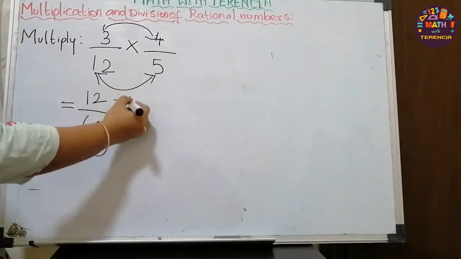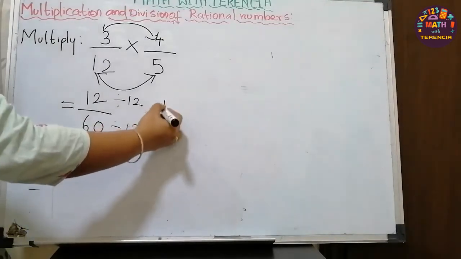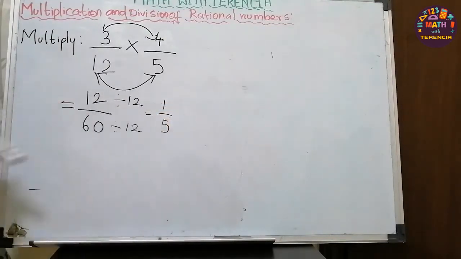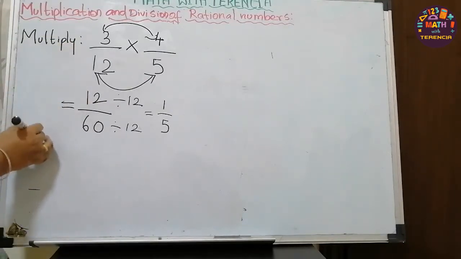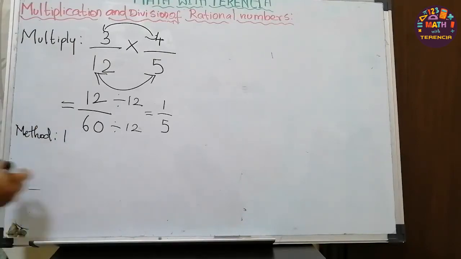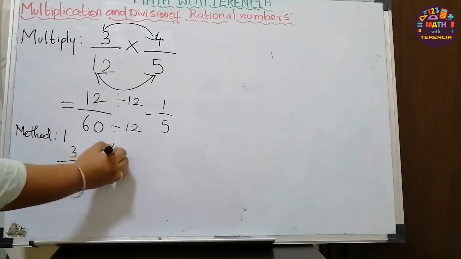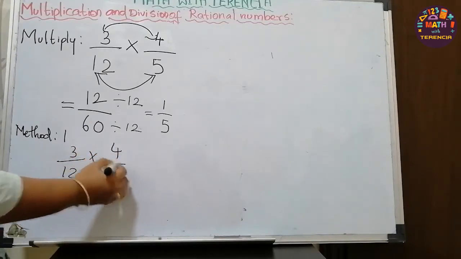I know I can divide by 12, so it is 1 by 5. This is method 1. Method 2 works if you are good at simplification, so you can easily solve this multiplication problem.